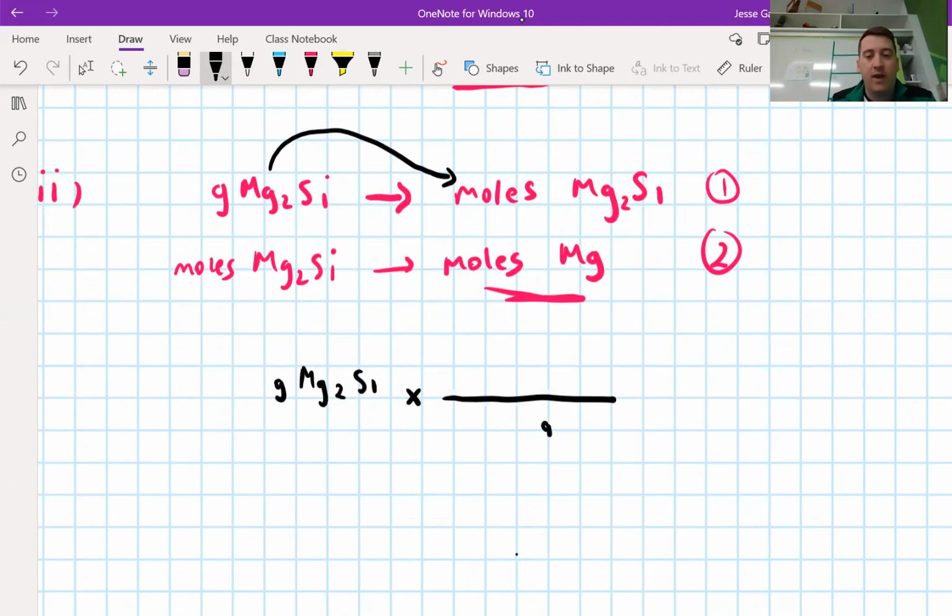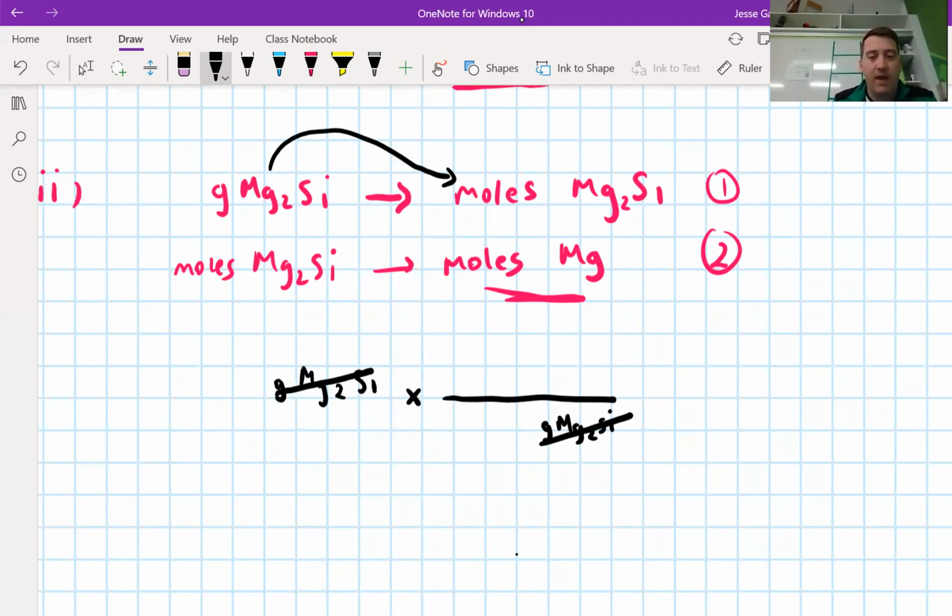Now, when I'm setting up my unit analysis, I always want to make sure that I'm left with the units that I need in my answer. So I'm going to put grams of Mg2Si in the bottom, in the denominator of my fraction, so it cancels with those grams of magnesium silicide. See, those two units are the same. So what we're essentially doing here is dividing grams of Mg2Si by grams of Mg2Si.